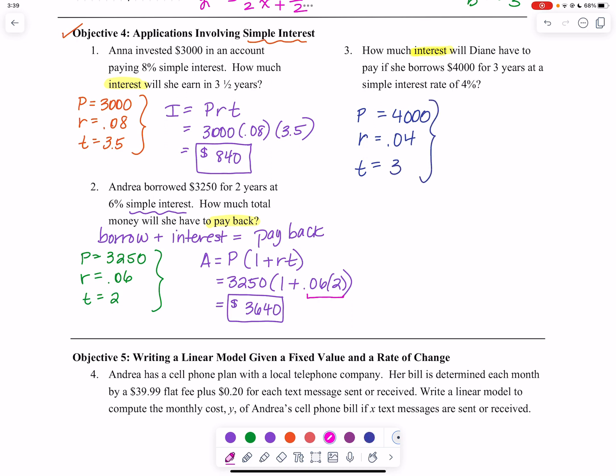So plugging that into the interest-only equation, which is PRT, we have 4,000 multiplied by 0.04 and multiplied by 3. So multiplying those together, we arrive at $480.